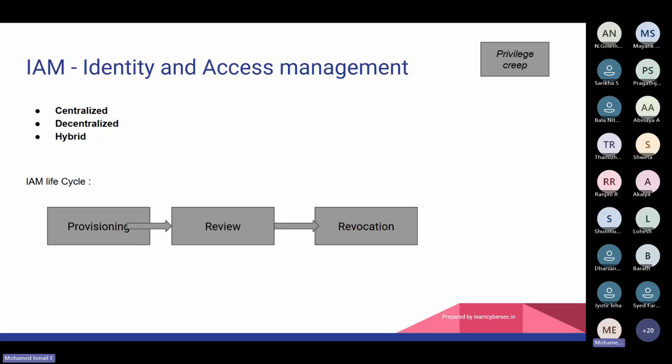If a new employee joins that company, on day one HR will request the respective identity and access management team to onboard that user into the centrally managed system. They provision the user with the necessary access based on the team or department the newly hired employee is joining.